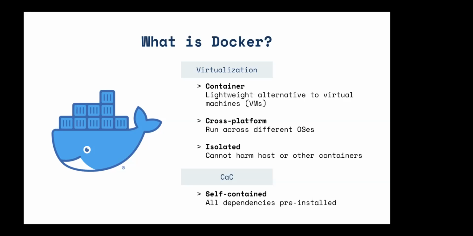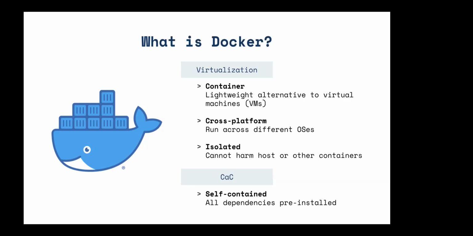It can also be self-contained. So you can install all the dependencies inside the Docker image, and when you deploy the Docker image, it doesn't need anything else. So you'll see later on, I'm going to install the Jenkins plugins that I'm going to use inside the Docker image itself. So even if I want to run that Jenkins instance without any internet connection, it will still run because all the plugins are already installed.